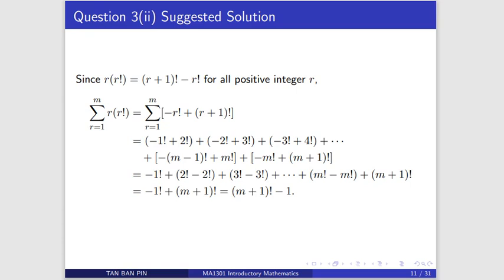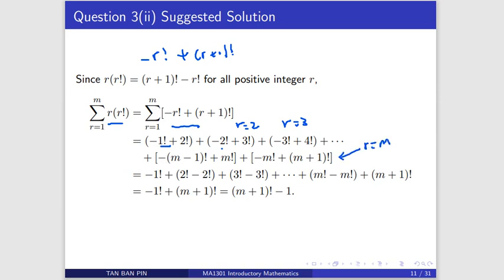So r times r factorial, you just replace it by minus r factorial plus (r plus 1) factorial. Sub r is 1, so it will be minus 1 factorial plus 2 factorial. Sub r is 2. Sub r is 3. Until here, sub r is n.